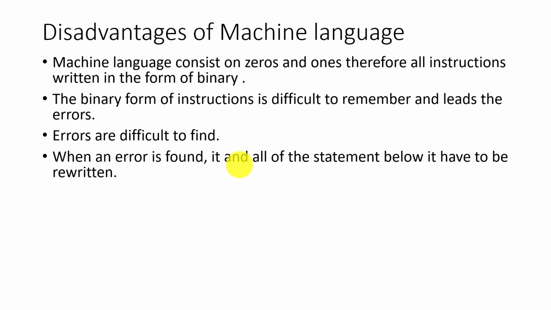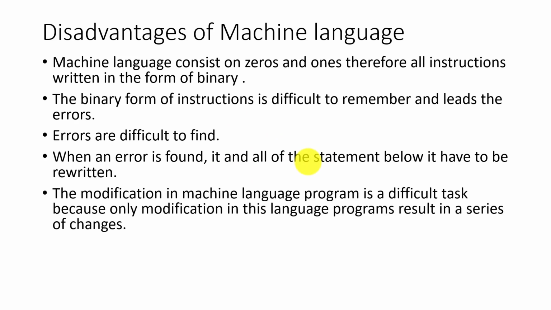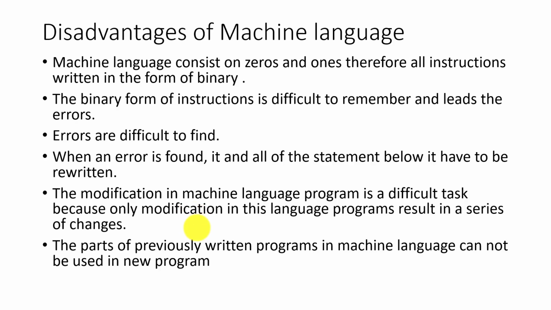When an error is found, the statements below it have to be rewritten again. That is the modification. It is a very difficult task to modify the whole code written in binary form. Modification results in a series of changes, and once a program is written in machine language, it cannot be used for new programs. These are all the disadvantages.